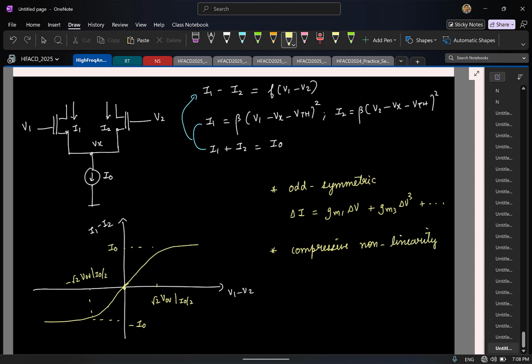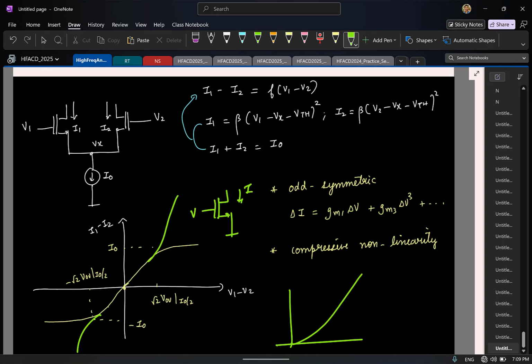And why am I calling it compressive? See, as I increase the input voltage, the characteristic sort of compresses, because in practice I can also have an expansive nonlinearity like this. That is, as I keep increasing the voltage, the current can sort of expand. And the simplest example for that will be your simple MOSFET. Here if I apply the voltage and measure the current, the characteristic is actually expansive.